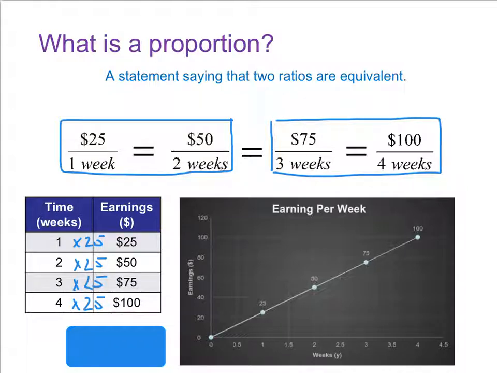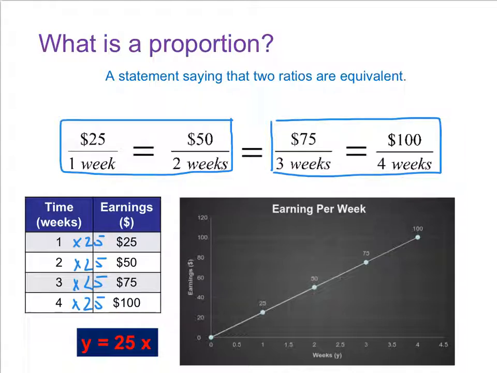And when I think of that, I then can come up with this rule, that y is equal to 25x. And before I do anything else, I'm going to go back and say, okay, what's the thing that connected all of these pieces together?